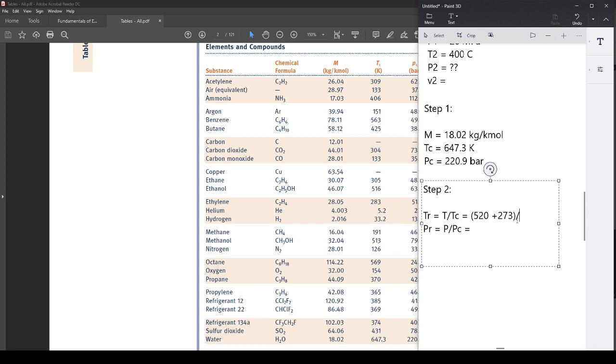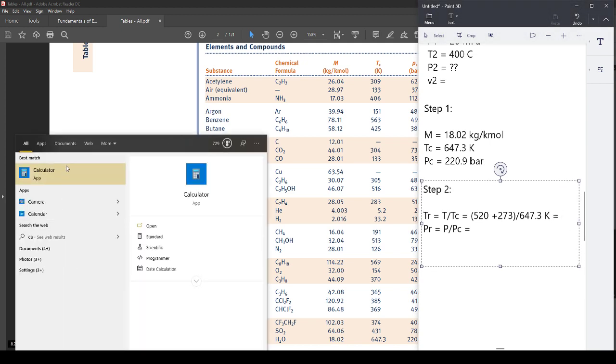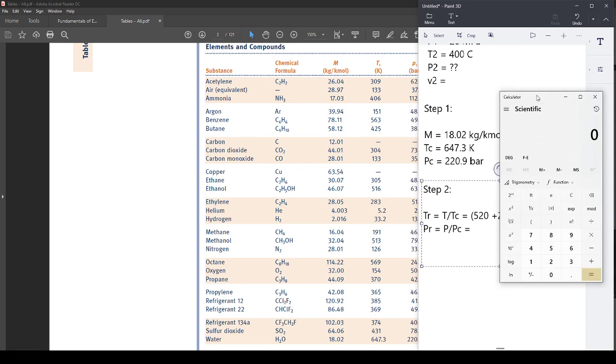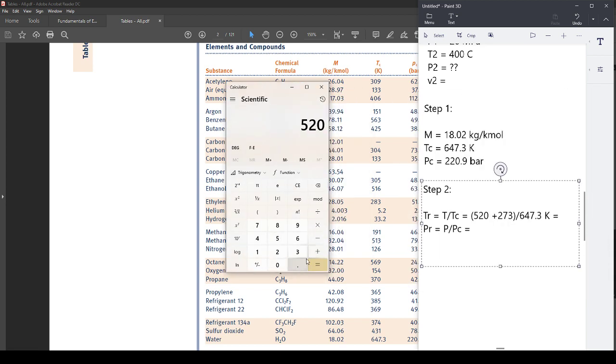Divided by our critical temperature, which is 647.3 K. And that is equal to, let me grab the calculator really fast. So we have 520 plus 273 divided by 647.3, and you get 1.22. We'll just call it 1.22.